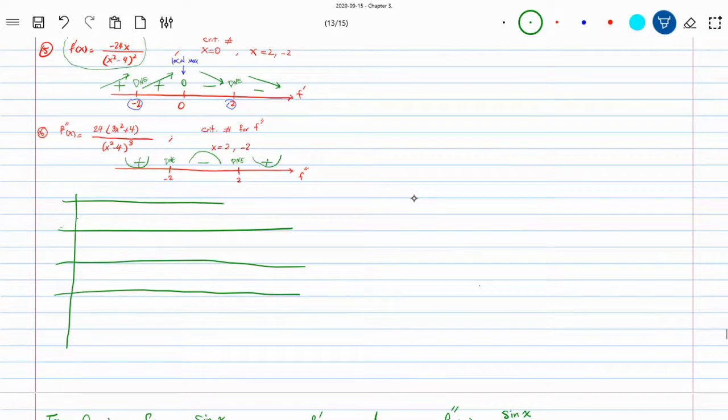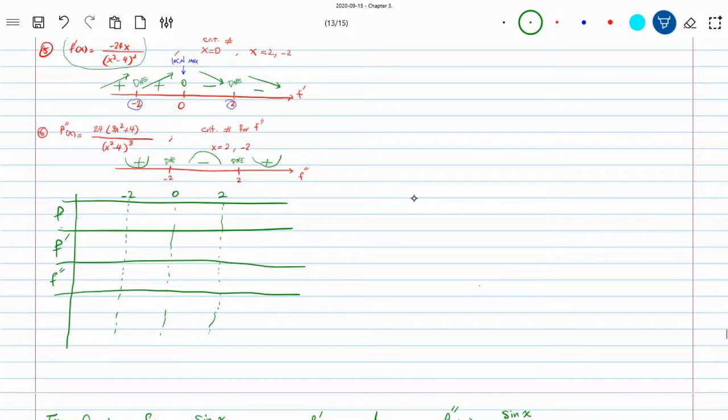Okay, so the important points, this is for the function, first derivative, second derivative. The important points happen to be at -2, 0, and 2, because these correspond to either vertical asymptotes or a critical number or inflection point. In this case, there is no inflection point.